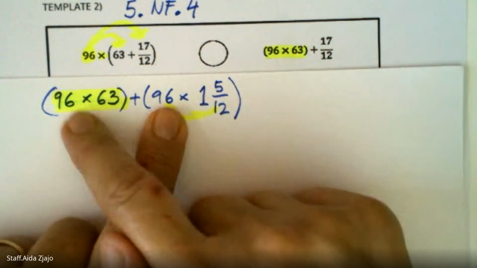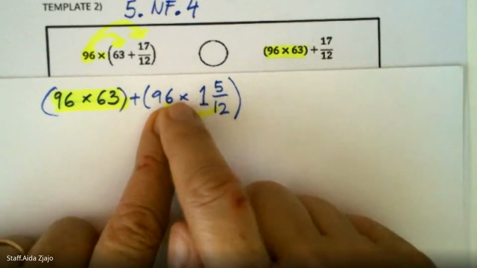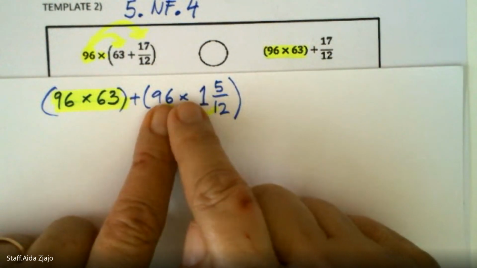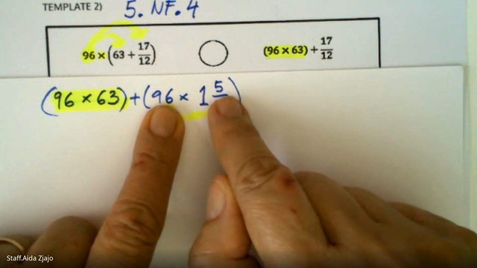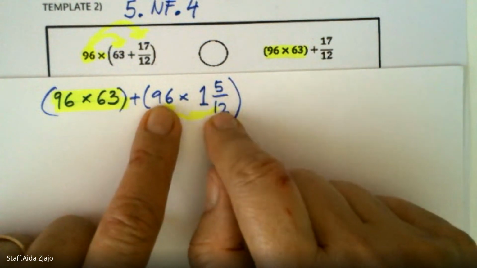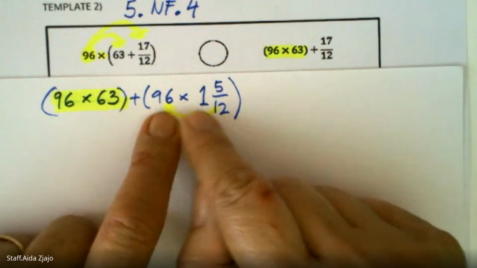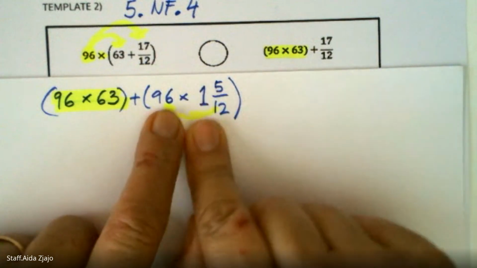These products are the same, and you add more than 96 plus 5 twelfths, which is about 6 twelfths, close to half. So we will have 1 times 96 plus half of 96 for this product.